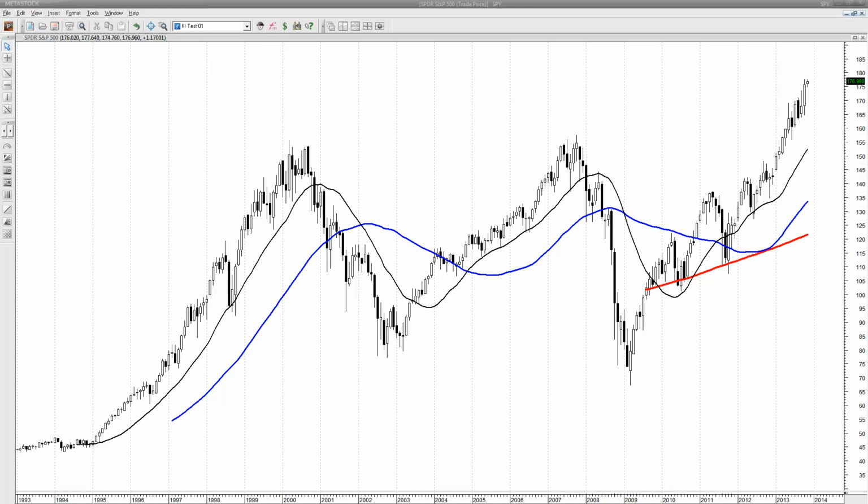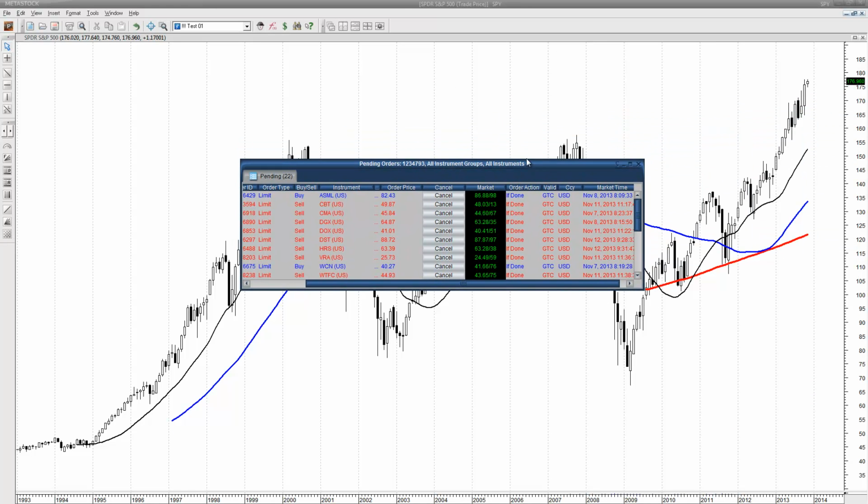Okay, take a look at the limit orders list. ASML 82.43, going long, limit order. CBT short sell 49.87. CMA short sell 45.84. DGX 64.87 short sell. DOX 41.01 short sell.